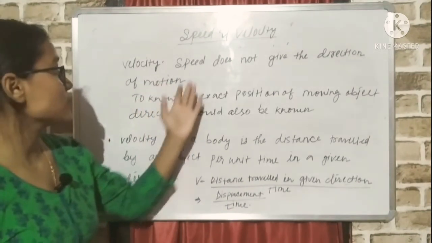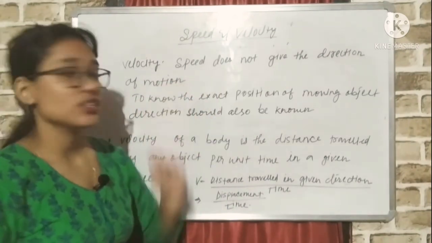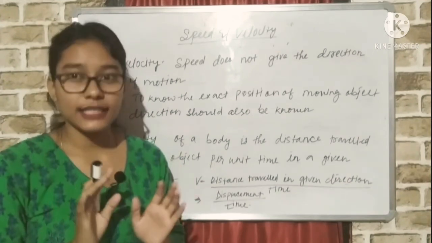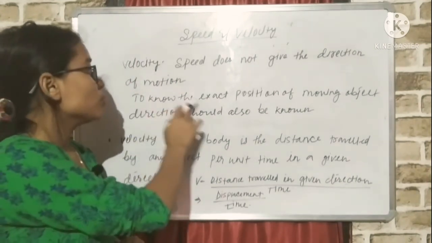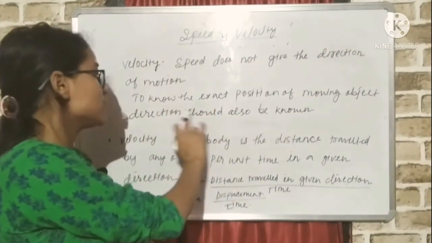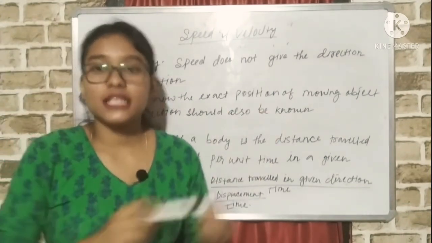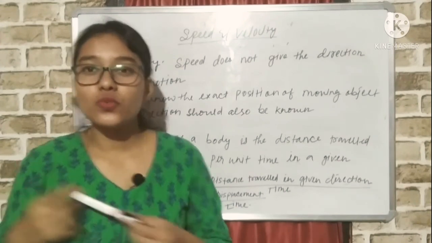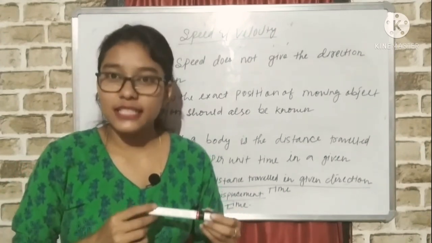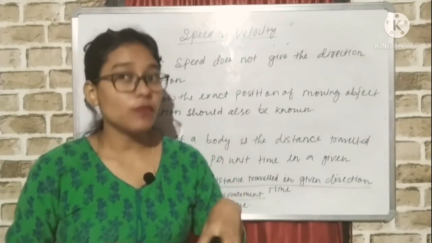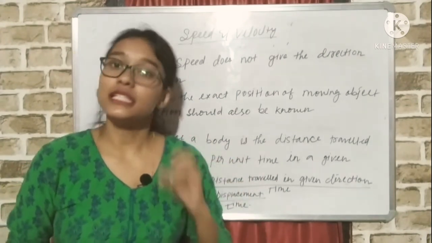But velocity, you see, speed does not give the direction of motion. Where the object is moving, speed does not give us that idea. Okay, but to know the exact position of a moving object, direction should also be known. Suppose the object is moving toward east, we should know the direction also. For that, velocity is required.